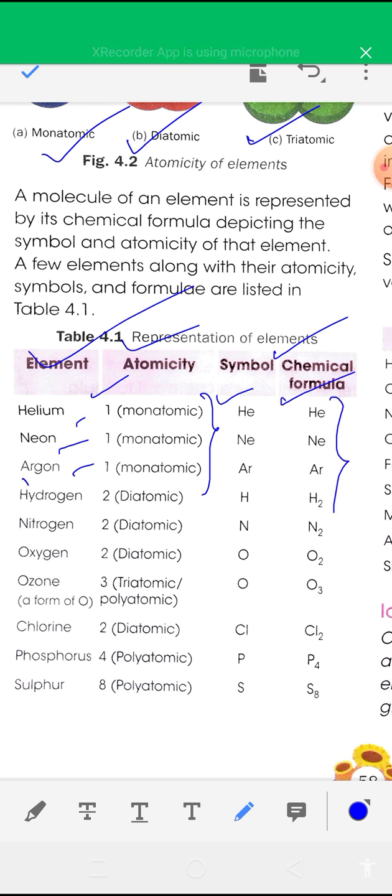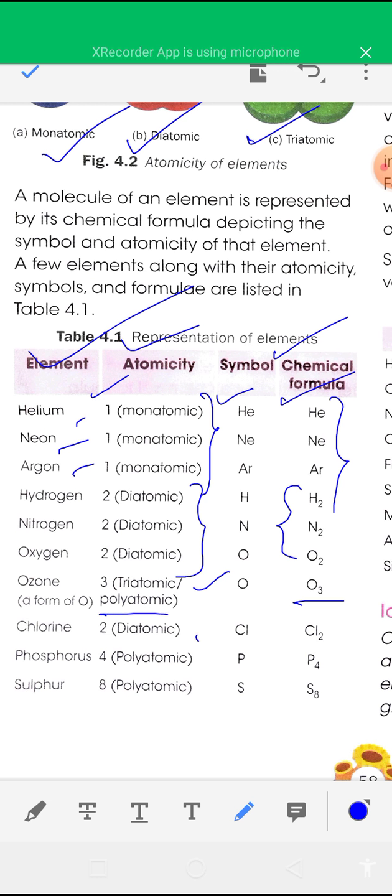And hydrogen, nitrogen, oxygen are diatomic molecules because the molecule of each of these elements consists of two atoms. Ozone has three oxygen atoms in one ozone molecule, so ozone is a triatomic molecule, or you can also say it is a polyatomic molecule.